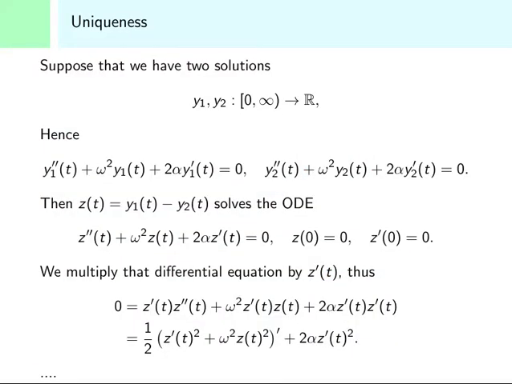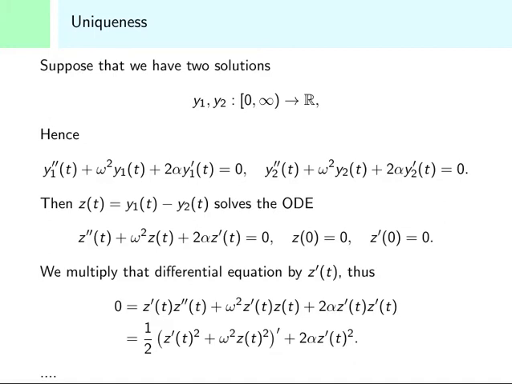As already mentioned before, we would like to show the uniqueness and the existence of a solution, and the uniqueness typically is much easier to show. So let's start with that. Suppose we've got two solutions, y1 and y2, defined for non-negative times going to the real numbers.